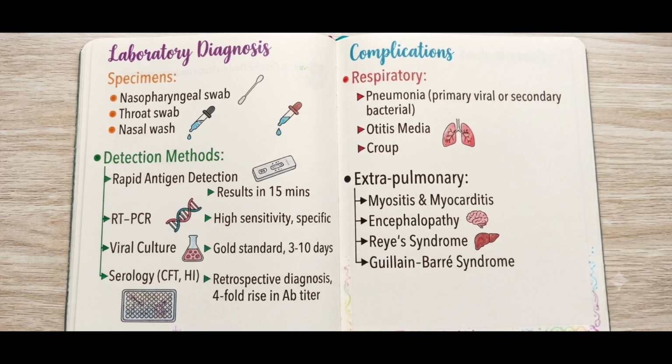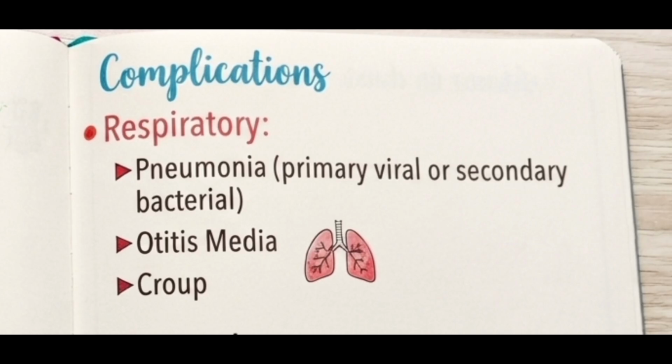Continuing our discussion on influenza, let's now examine the potential complications of the infection, how it is diagnosed in the laboratory, and the methods for prophylaxis or prevention. First, the complications. These can be divided into two categories. Respiratory complications. The most common include primary viral pneumonia or secondary bacterial pneumonia, as well as otitis media, ear infection, and croup.